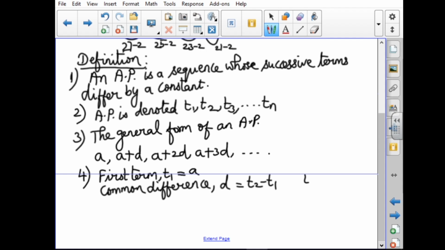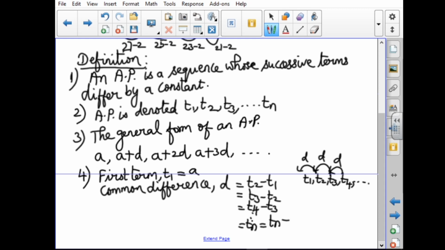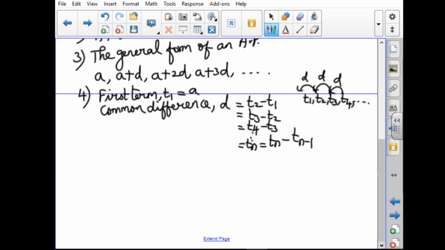The AP is denoted as T1, T2, T3, T4, etc. So T2 minus T1 is D, T3 minus T2 is D, T4 minus T3 is D. If we continue like this, for the nth term, D equals Tn minus Tn minus 1, the difference of the successive terms.